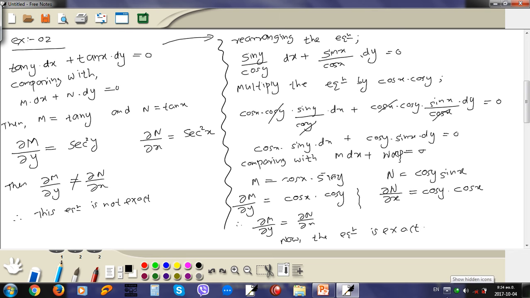Here you have to remember one thing: sometimes the given equation is not exact, but you can convert it into exact form by multiplying by something. Here we multiplied by cos x cos y. This is called the integrating factor.